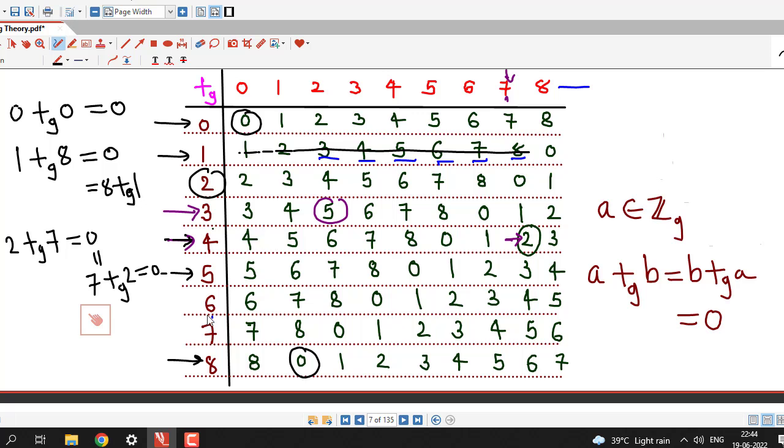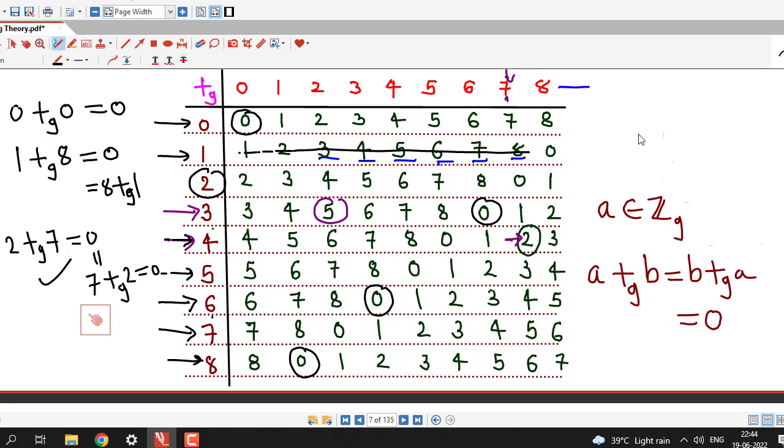So 4 and 5 are inverses of each other. Similarly for 6 we obtain 0 here, that is 6 plus 3 equal to 0, and 3 plus 6 is also 0. So 6 and 3 are inverses of each other. And for 7 we have already discussed 2 and 7 are inverses of each other.